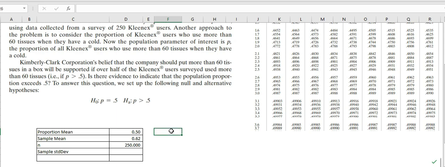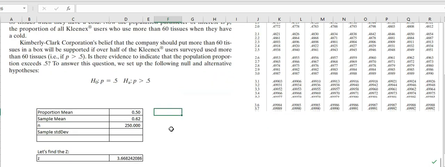From the past example, the total sample is 250. We just have to make this general. And then the majority of the people, this is the computation.